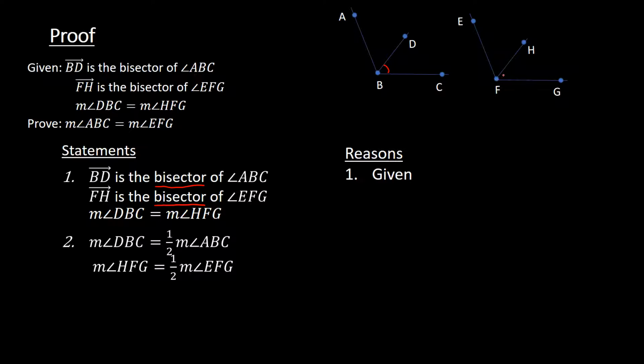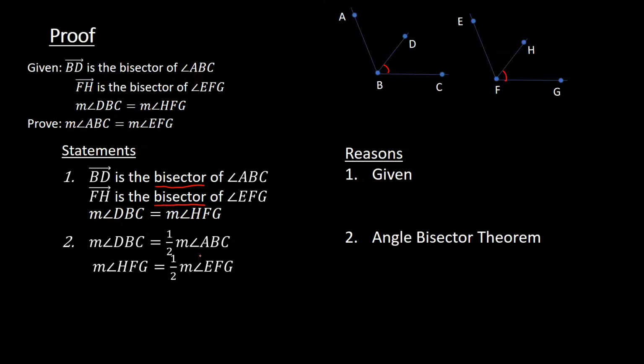And the measure of angle HFG over here is equal to 1/2 the measure of EFG. So notice we wanted ABC and EFG in the equation, and now we have ABC and EFG in the proof. And the reason for this is going to be your angle bisector theorem.